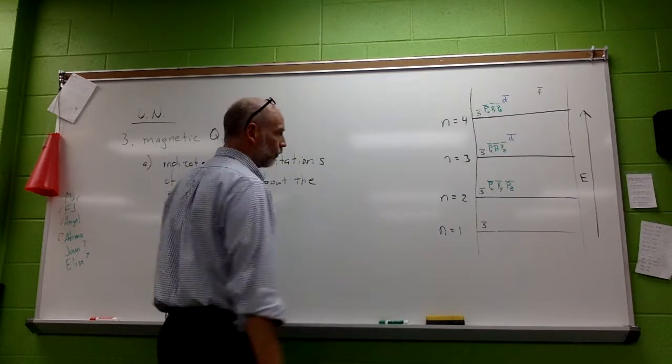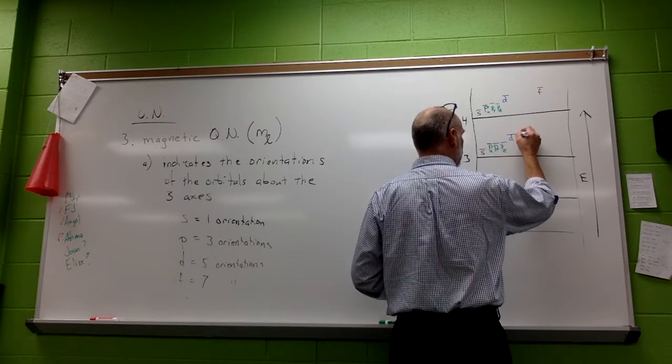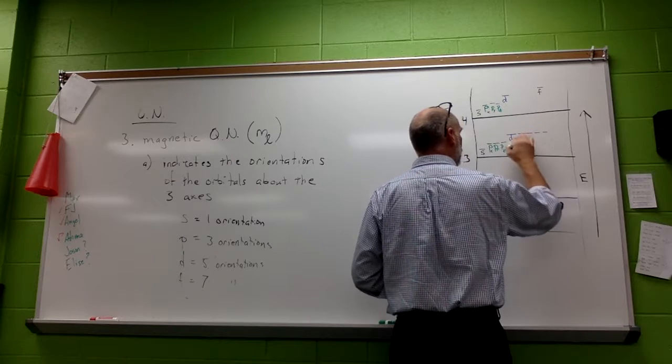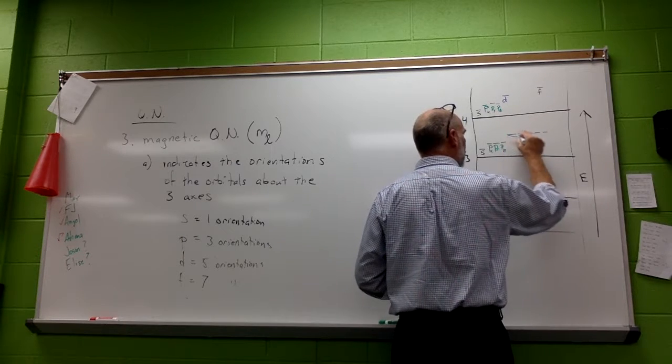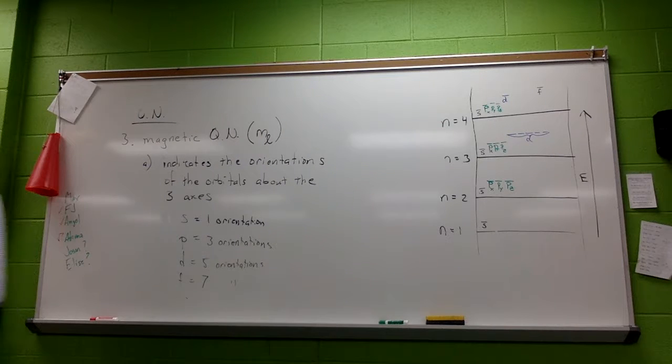Now the d's, and remember the first place you're allowed to run into a d is the 5th energy level. Since I'm not having you differentiate between them, we're just going to put a little bracket underneath those.